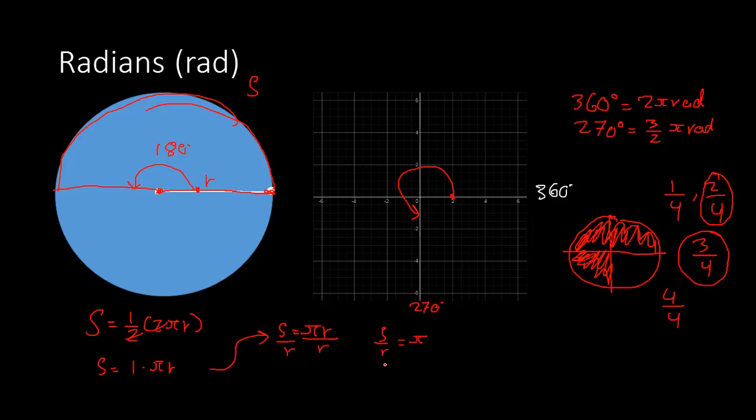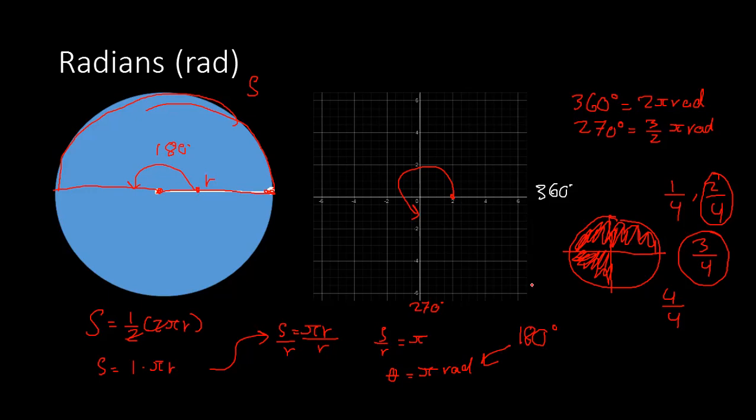Remember, s over r is theta, so theta is equal to pi radians, which is the same as 180 degrees. So to form 180 degrees, the angle must be pi radians. That's how you form radians.